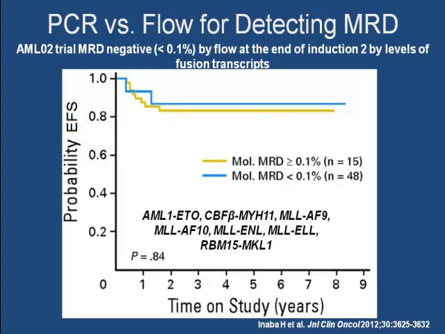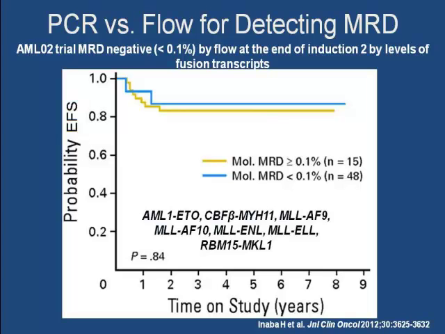Now, they screened for all of these molecular abnormalities as listed below, but they didn't see any benefit of molecular minimal residual disease in patients who had no evidence of flow disease. So basically arguing that perhaps at least in this setting, flow cytometry was a better method for determining minimal residual disease than molecular analysis.